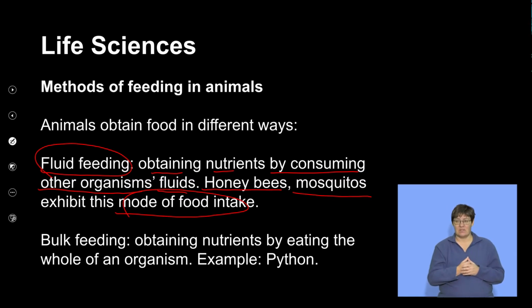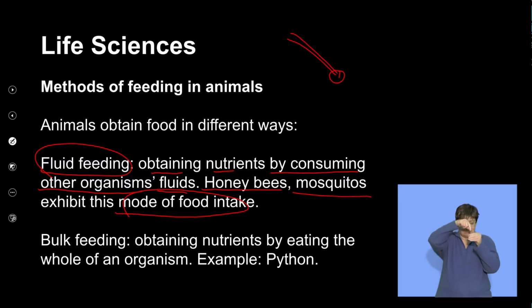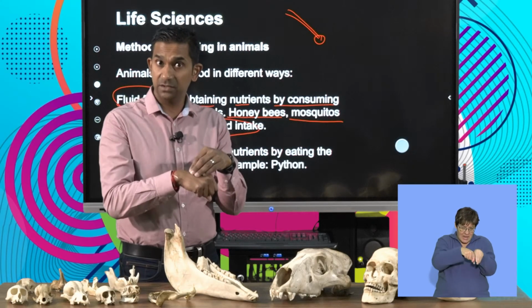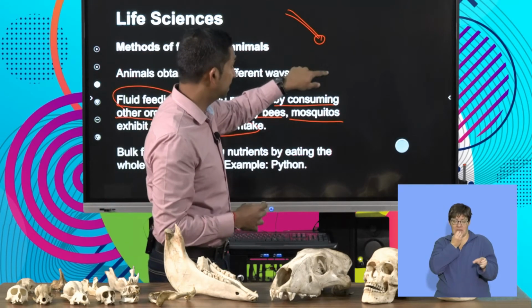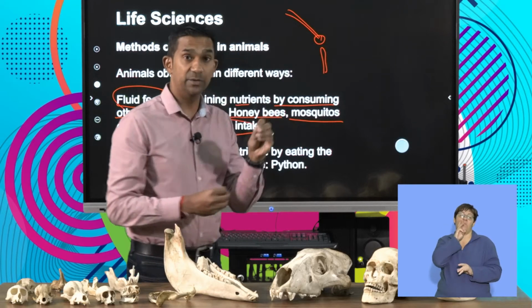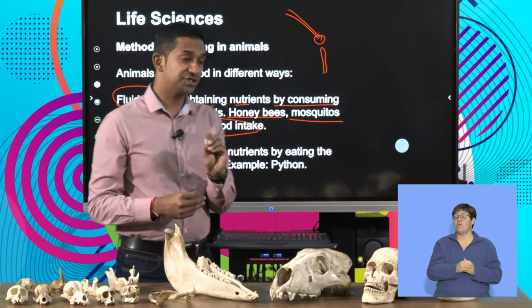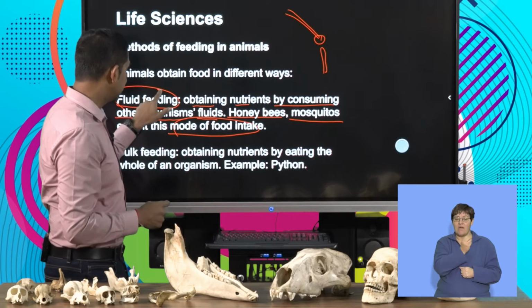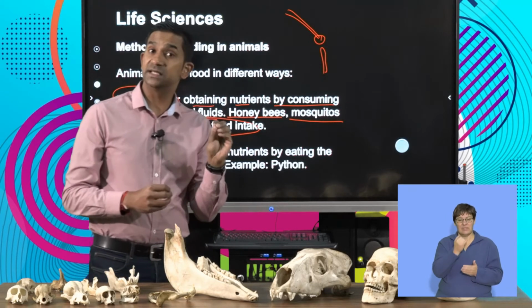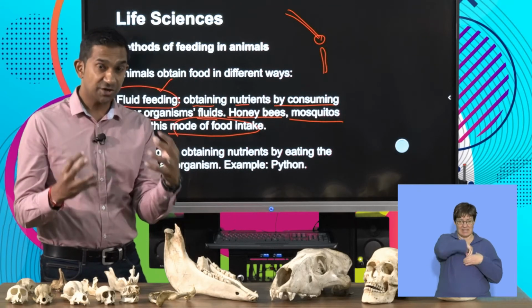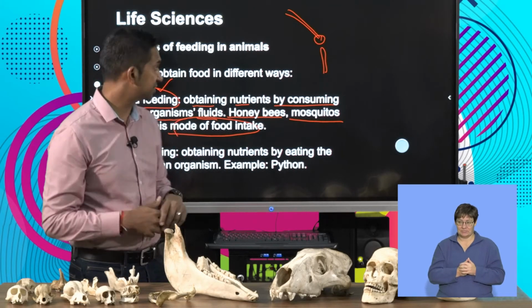So essentially, the mouthparts of these individuals will contain a proboscis or straw-like structure that either pierces into the skin or into a part of a flower, for this example, and it's able to suck up the liquid parts. And so their mode of nutrition is slightly different because they feed on fluid or liquid parts. And hence these individuals have a different structure in terms of their mode of nutrition.